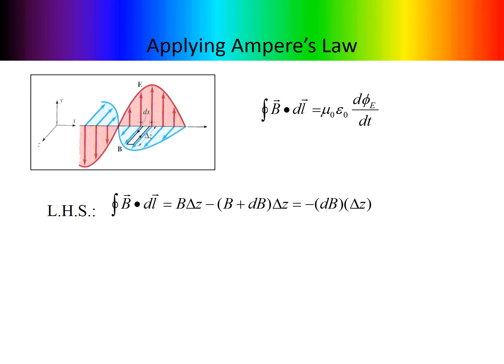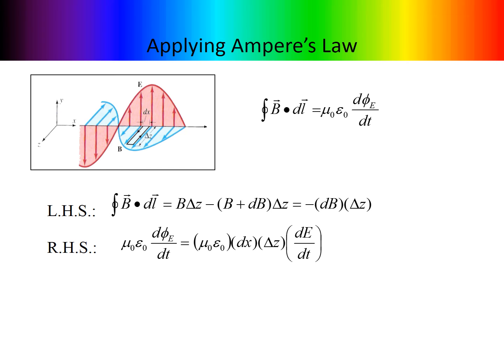That would be B times delta Z minus B plus dB times delta Z. It's basically saying that the top and bottom portions don't contribute because the magnetic field makes a 90-degree angle with the path, so the only thing that contributes is the sides. Since the magnetic field goes against the integration path on the right-hand side, that's going to be the subtracted side. This simplifies to negative dB delta Z.